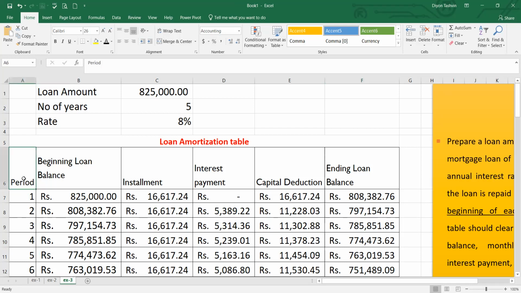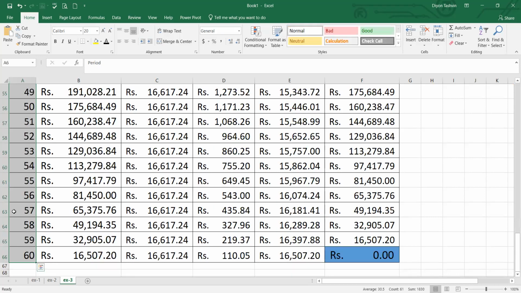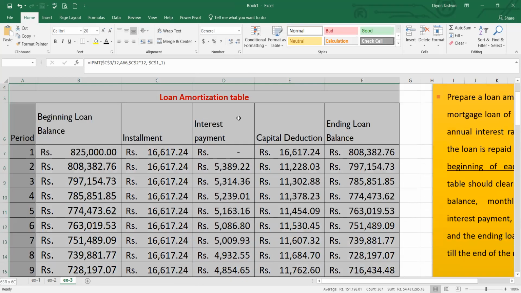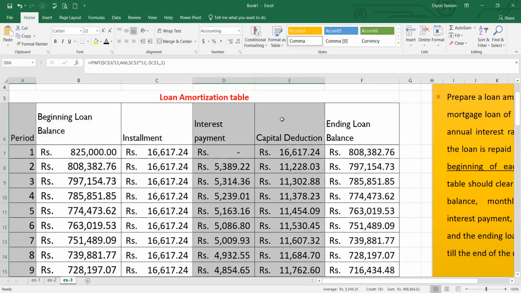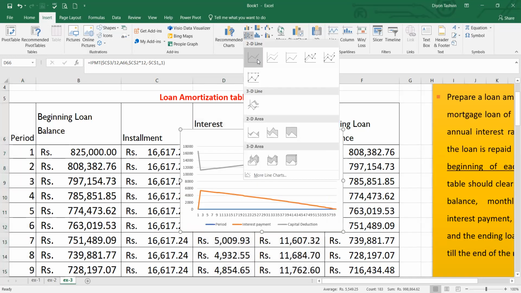First, we are going to select the period. Then we have to press control. Then we select the interest, and at the same time, capital deduction. Then go to insert in the main tabs. Then go to charts and select a line chart.